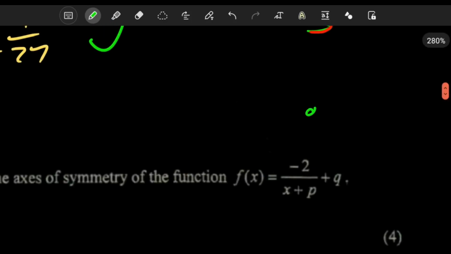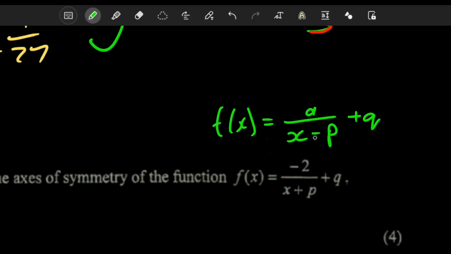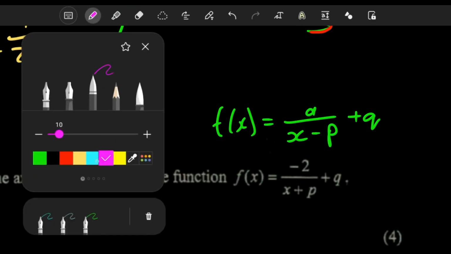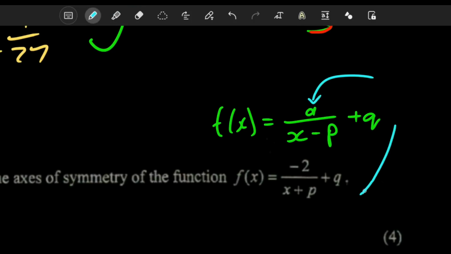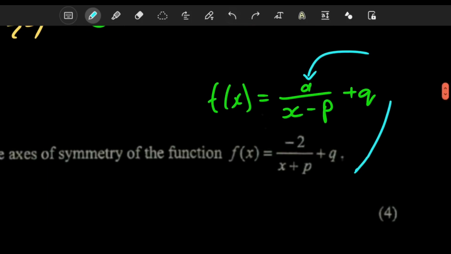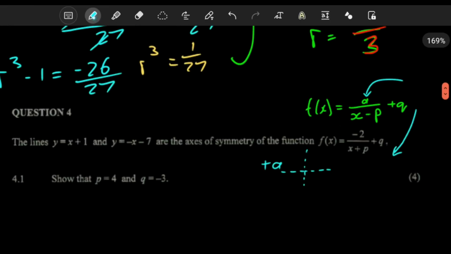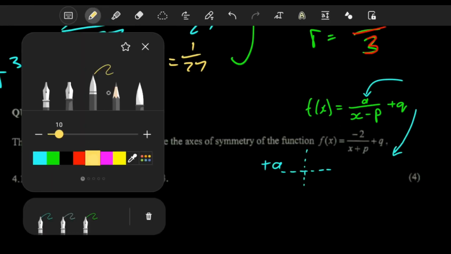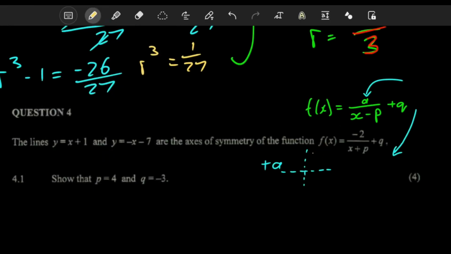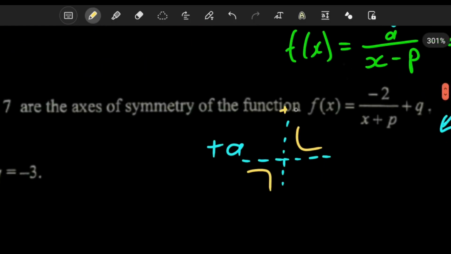You have a over x minus p and then plus q over there. So automatically we already know that our value for a always gives us the shape of our graph, you see, in the sense that we know that if a is a plus, then depending on where our asymptotes are, if a is a plus, we know that our curve is going to be there and there. Reason being, up here is a plus, to the right is a plus, so plus and a plus gives you a plus.